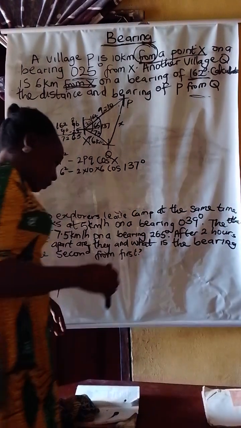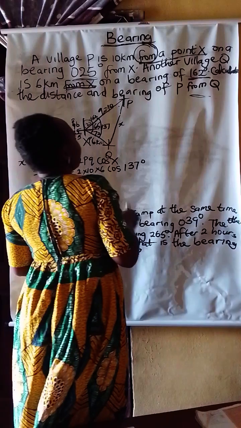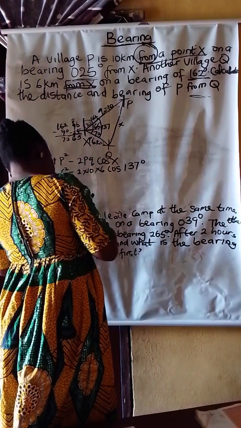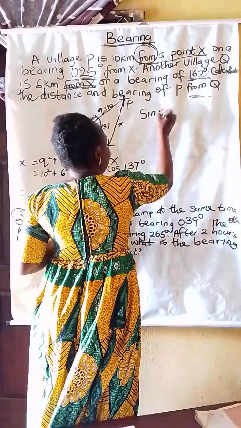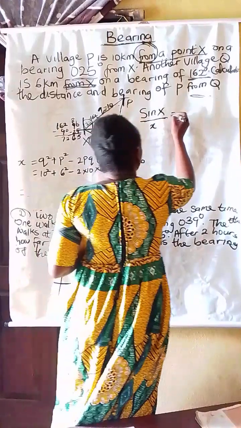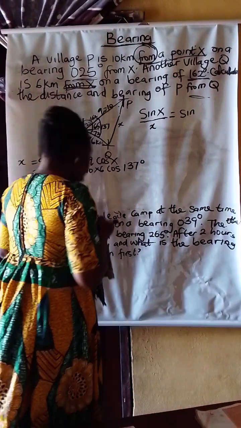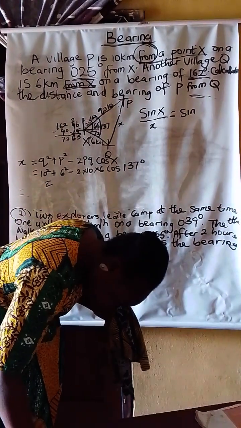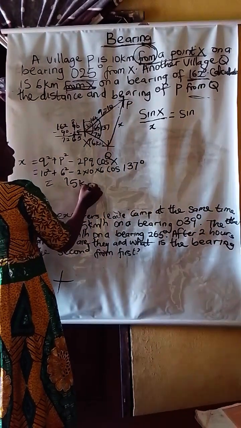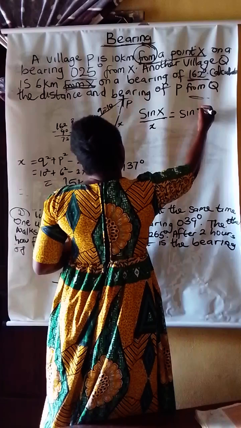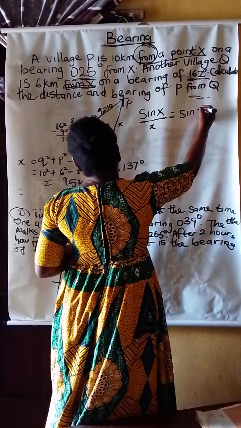So the next one, we have sine. Looking at the sine rule, sine X over X equals sine Q over Q. When you calculate it, we have 15 kilometers equals sine.